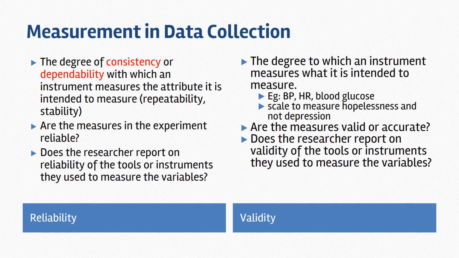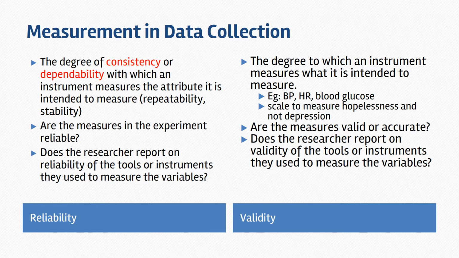On the right-hand side, we have validity. This is the degree to which an instrument measures what it is intended to measure. It's more straightforward when we're measuring blood pressure, heart rate, blood glucose, O2 saturation, etc. But a lot of times in research, we use scales to measure abstract concepts like hopelessness, depression, stress, anxiety.